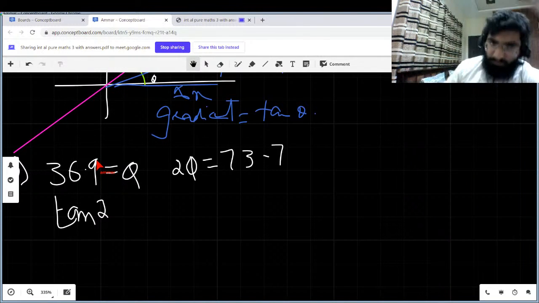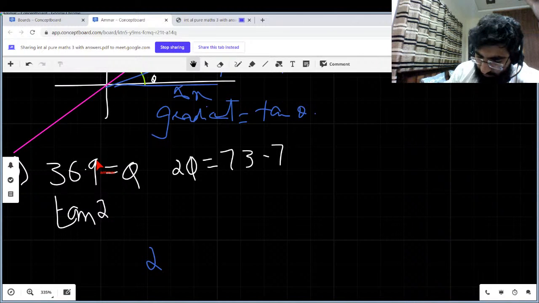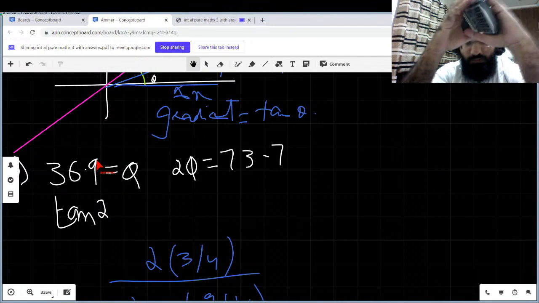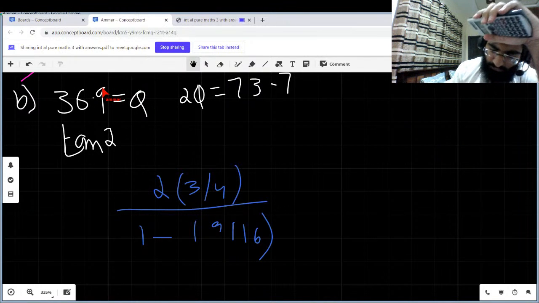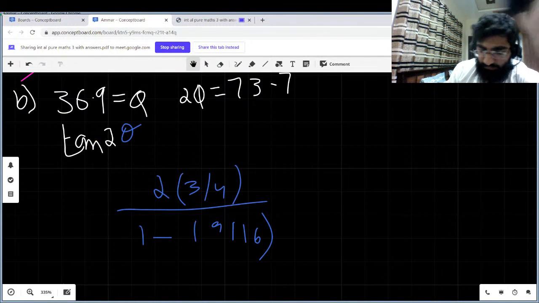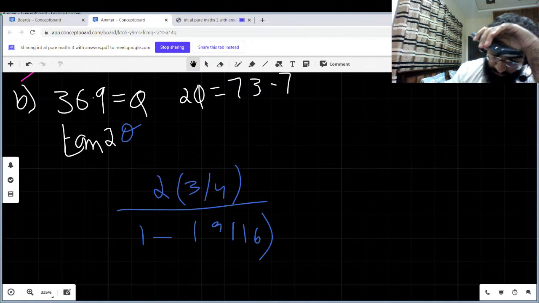No. 2 tan theta over 1 minus tan squared theta. So 2 into 3/4 over 1 minus tan squared theta, which will be 9/16. What did you say? I didn't understand. You have to find tan 2 theta, right? So tan 2 theta is equal to 2 tan theta over 1 minus tan squared theta.